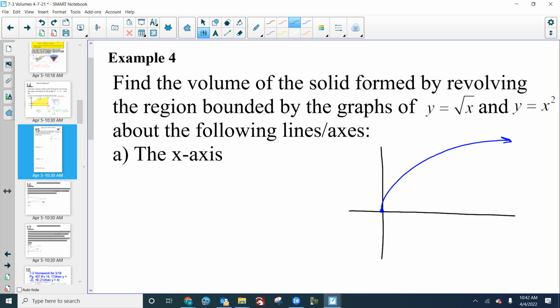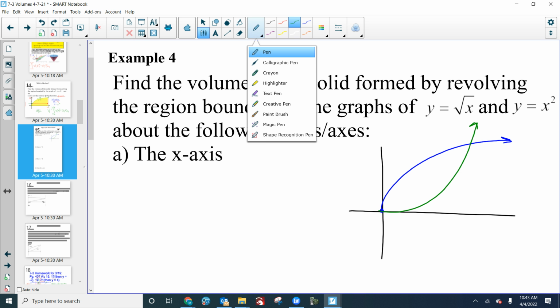If I say y equals radical x and y equals x squared, do you agree as soon as I go back to that word bounded, I can ignore the left part of x squared, right? I only need to pay attention to x is greater than 0. So I eliminate that in my mind. And now I'm seeing that region is my shaded region.